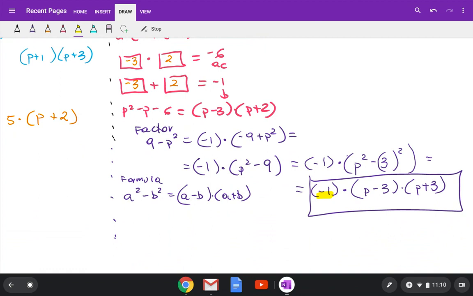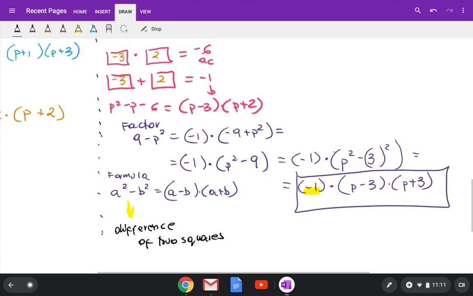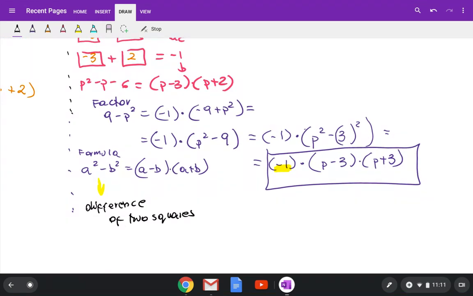So again, 9 changed to -9, negative p squared became positive p squared. I switched the order, so we end up with p squared minus 9, and then I was able to use the difference of two squares formula. That's the formula. We call it difference of two squares. And I was able to factor that as p minus 3 times p plus 3.